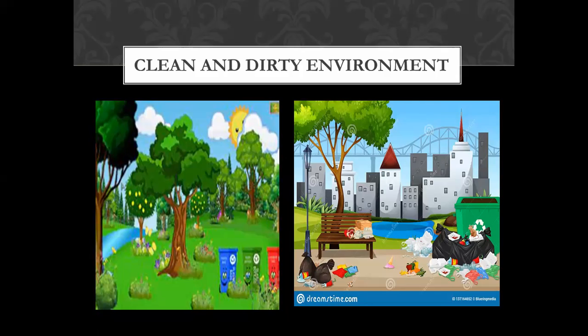If we grow a lot of plants, our environment is going to be healthy. So here are two different kinds of cities. We have a clean city and a dirty city.